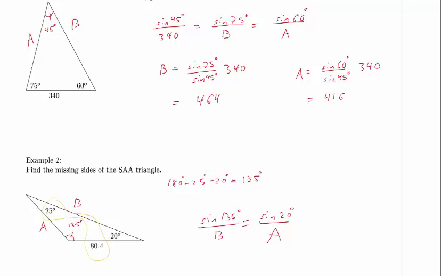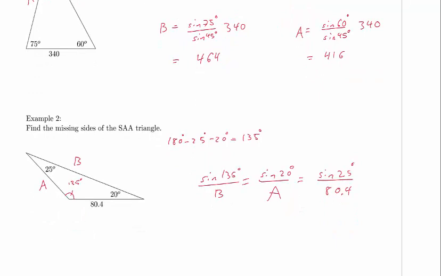And so that will be sine of 25 degrees divided by 80.4. Alright, good. So we've got ourselves one that is completely known. That will be a constant figure. Sine of 25 degrees divided by 80.4 is a constant number.